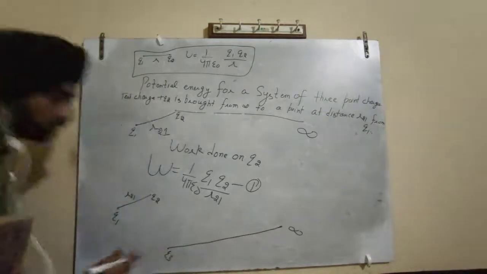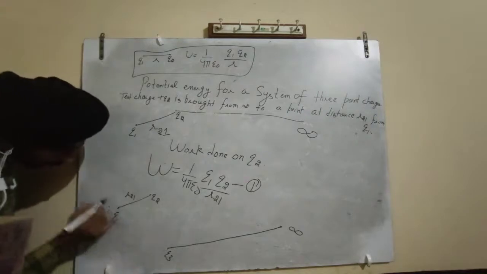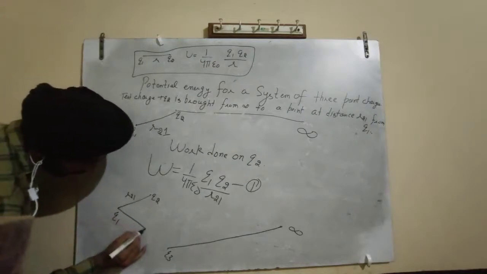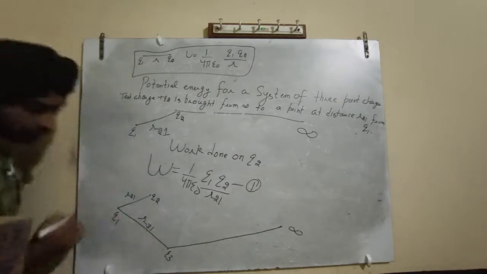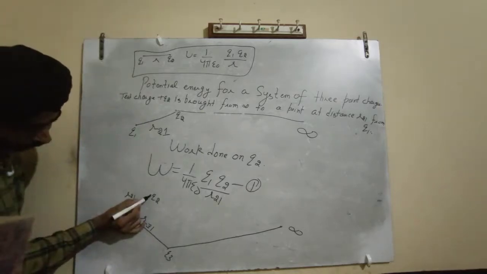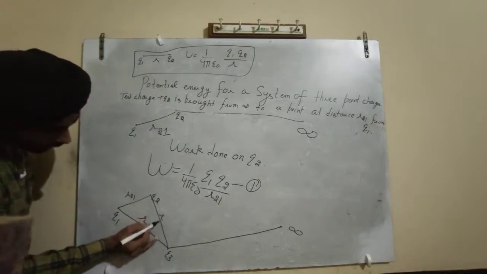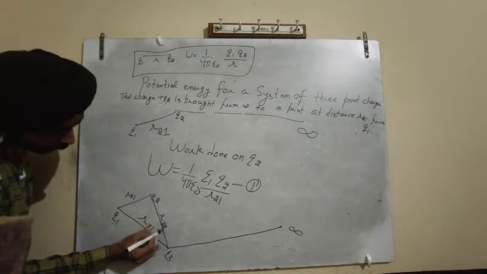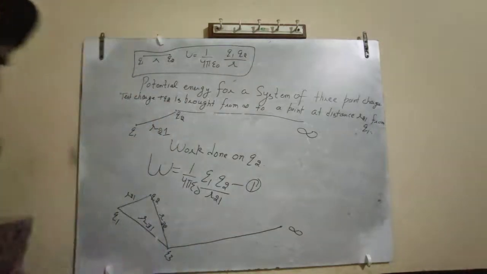We have to do the work, because Q1 will repel Q3, at R31, and Q2 will also repel Q3, at R32. So we have to do two works on Q3.